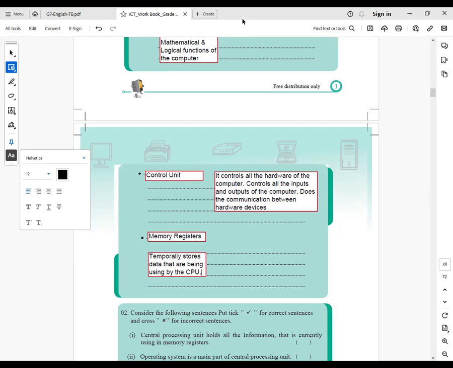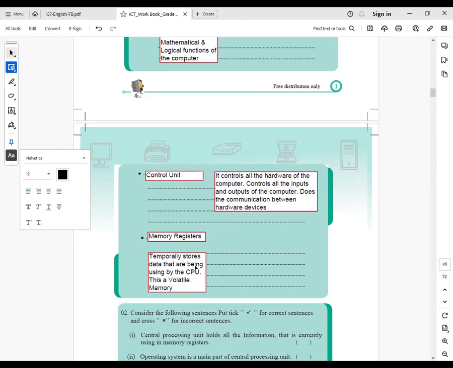So we call this a volatile memory. What do you mean by volatile memory?